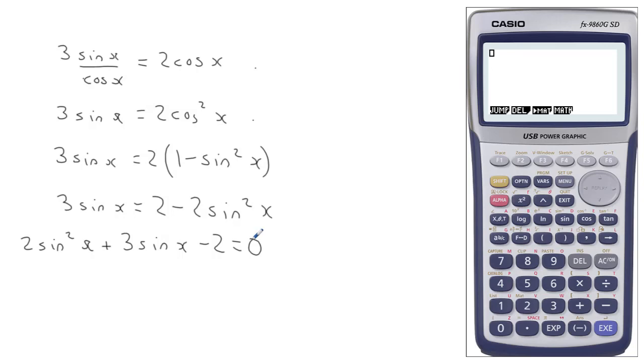I personally find it a lot easier to do and to explain if I use a u substitution. So I would say let u equals sine x, and we'll just put it back afterwards. Now we have 2u squared plus 3u minus 2 equals 0, and it looks so much more familiar, so you should be able to factorize it a lot simpler.